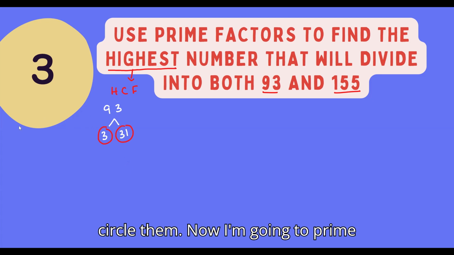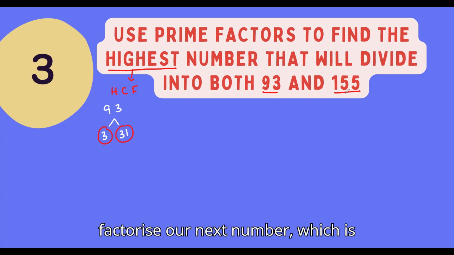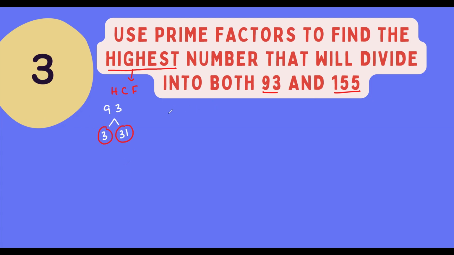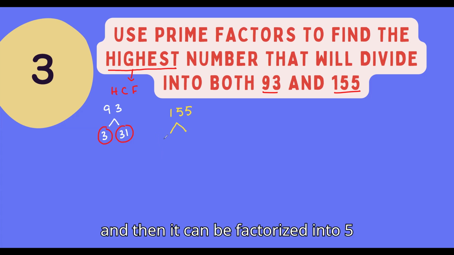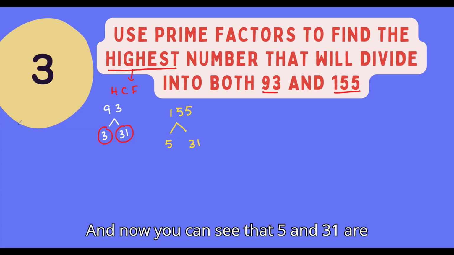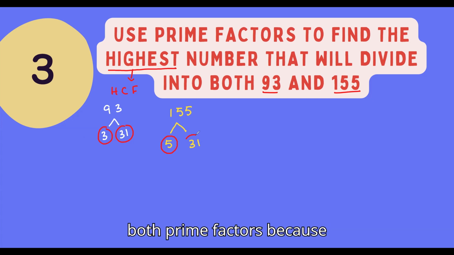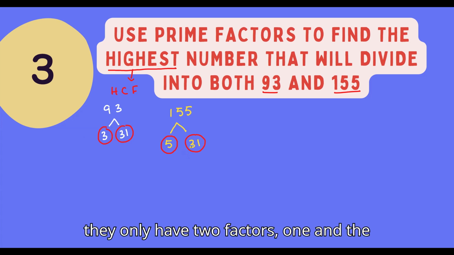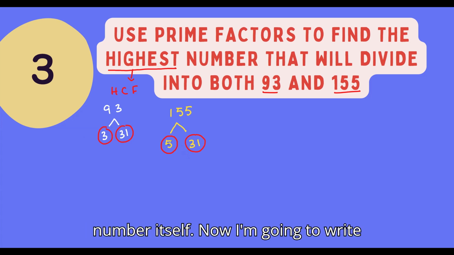Now I'm going to prime factorize our next number, which is 155. I have 155, and then it can be factorized into 5 and 31. And now you can see that 5 and 31 are both prime factors because they only have 2 factors, one and the number itself.